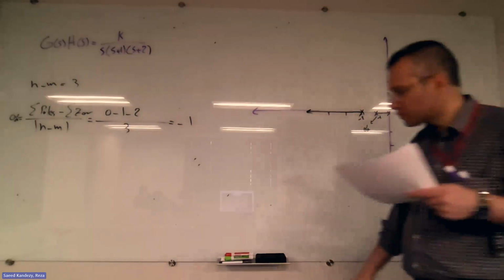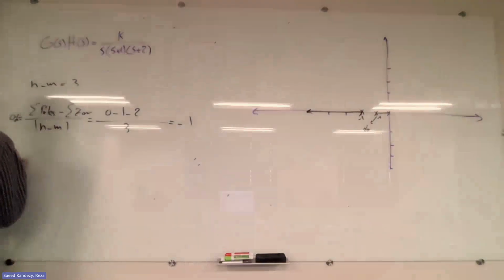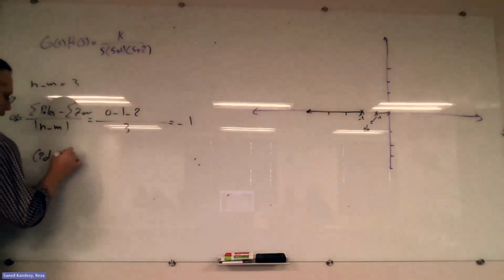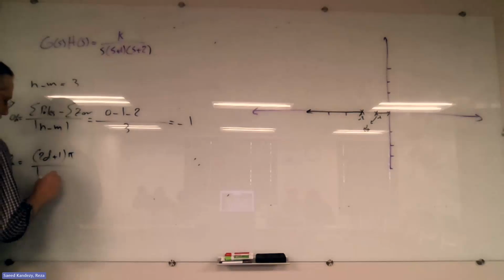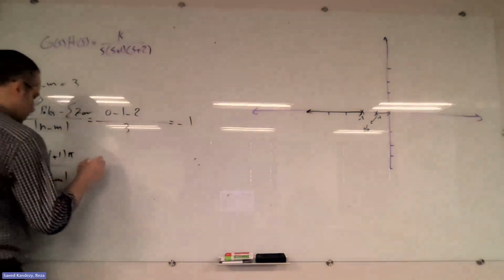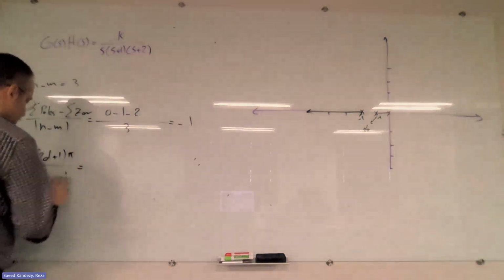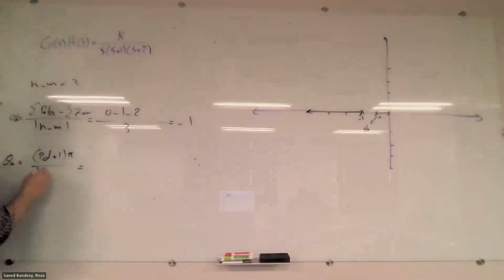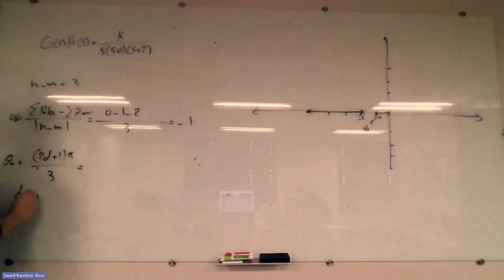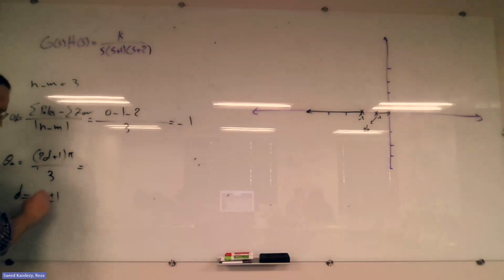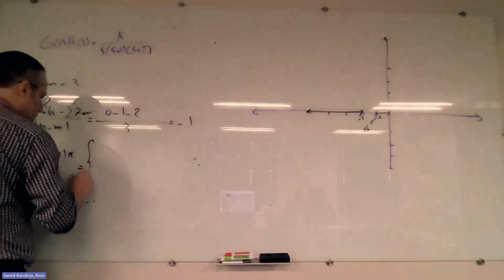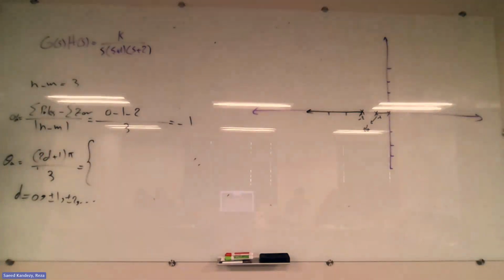Good? Now, I want the thetas. The theta was 2d plus 1 pi over that n minus m, which is 3. I'm gonna go d equal to 0, and then plus 1, -1, and plus 2, -2, all the way to infinity until I get my 3 thetas that I want.